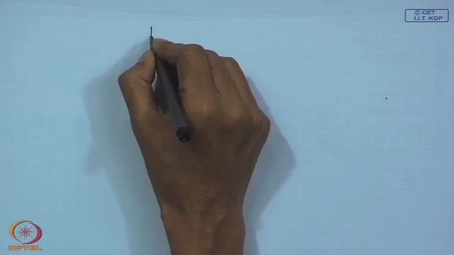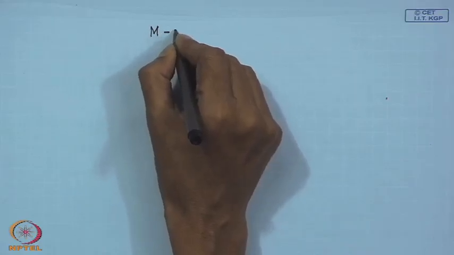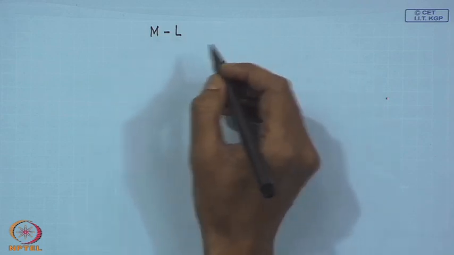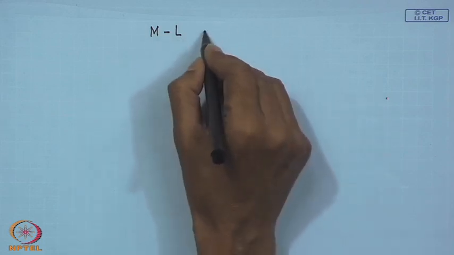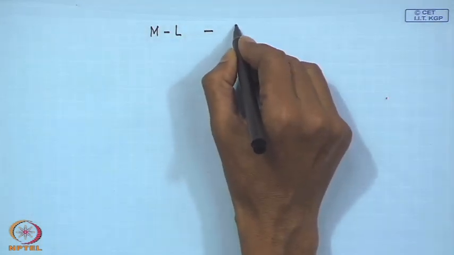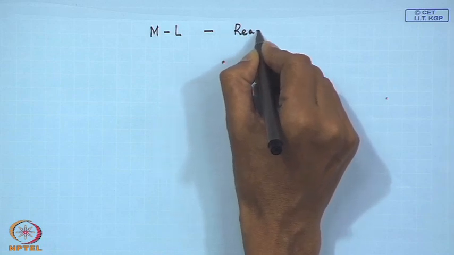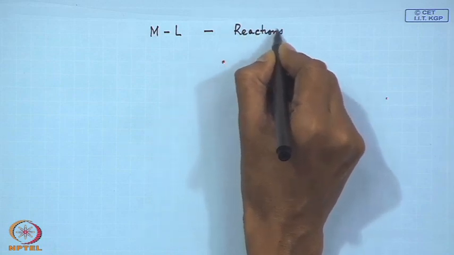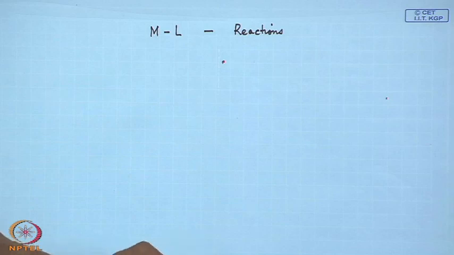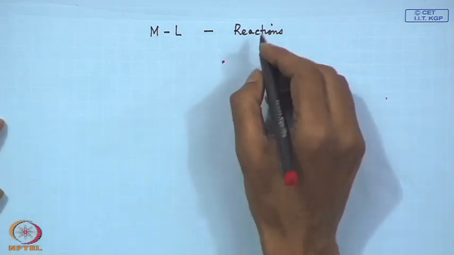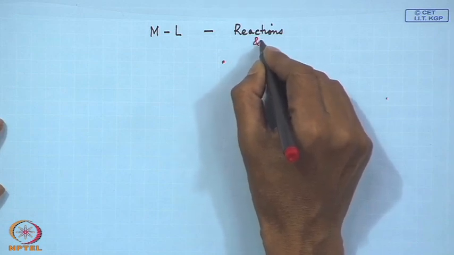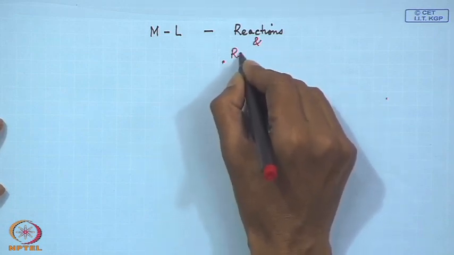Good evening everybody. Today we will just see how the different metal ions are reacting with the ligands and the type of reactions we can have. So, the nature of reactions, we can also talk about all these things in terms of not only the reactions, but the reactivity as well.